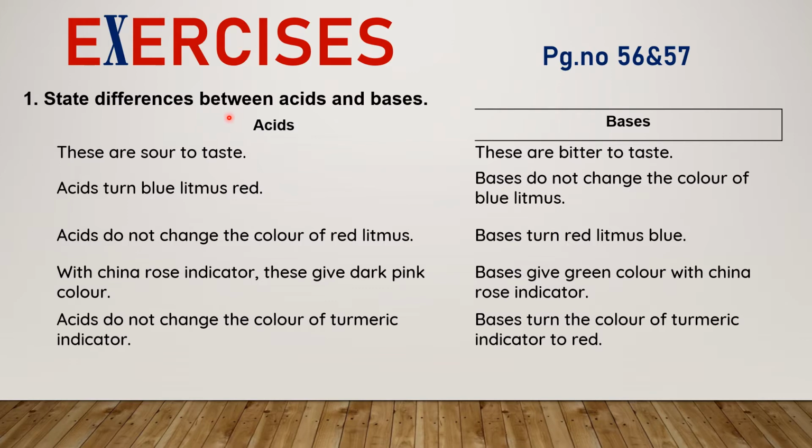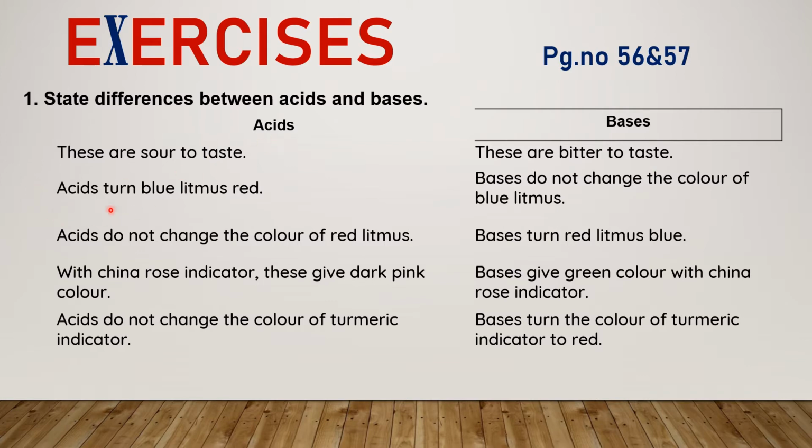State differences between acids and bases. This answer you can write in your notebook. Make 2 columns, acids and bases. The first point: acids are sour to taste, but bases are bitter to taste.